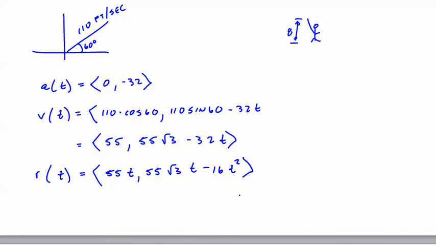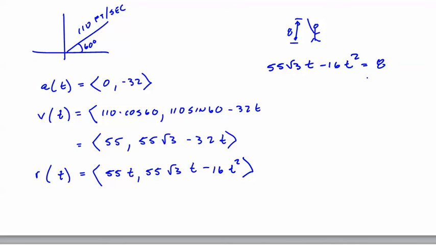So now the question is, what time does the fielder catch the ball? So he catches it, he's 8 feet in the air, so that's vertical, we don't know the x, so we have to say 55 root 3t minus 16 t squared equals 8.